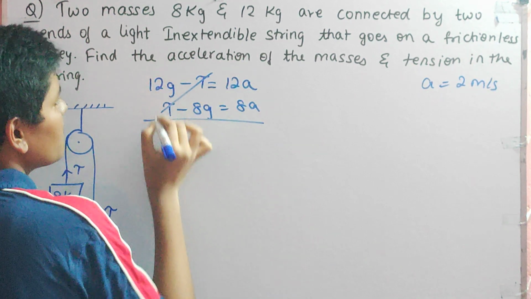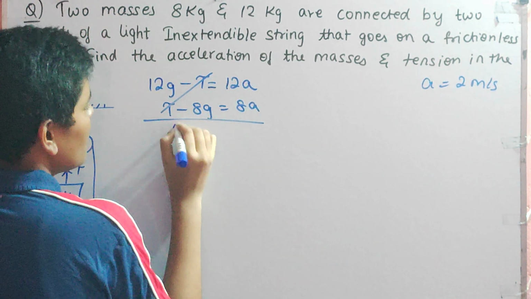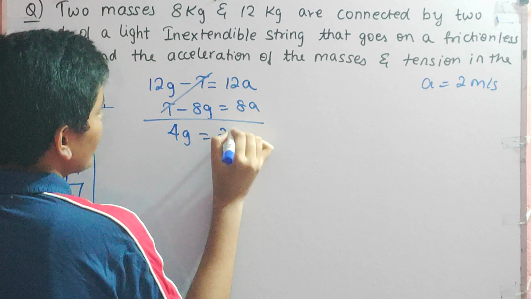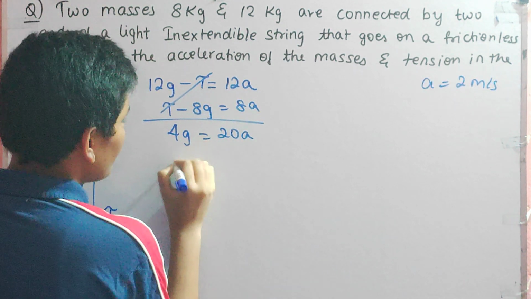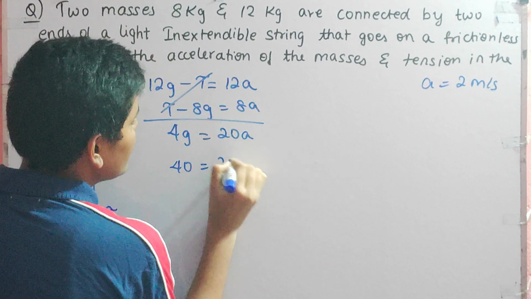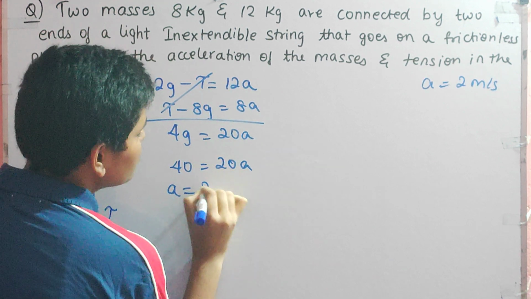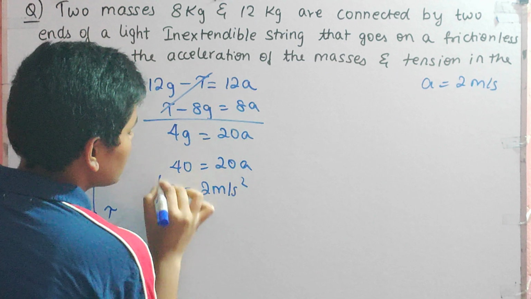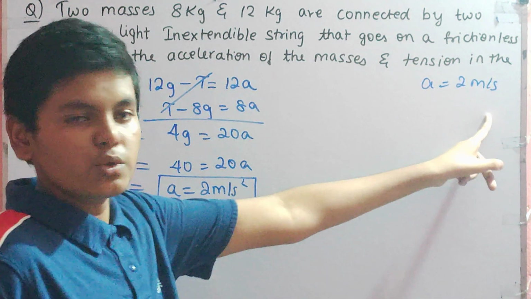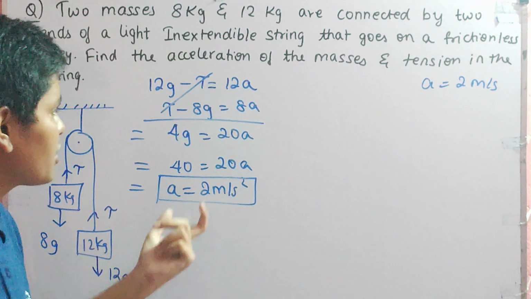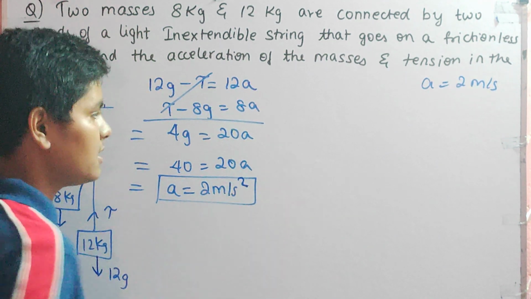If you add both equations, 12g minus 8g, 4g is equals to 20a. What is the value of g? The value of g is 10. So 40 is equals to 20 into a, so a is equals to 2 meter per second square. We got it. This is the actual way we have to find the acceleration.